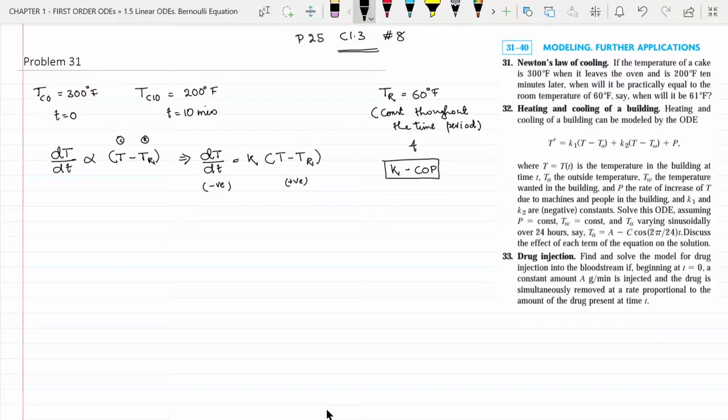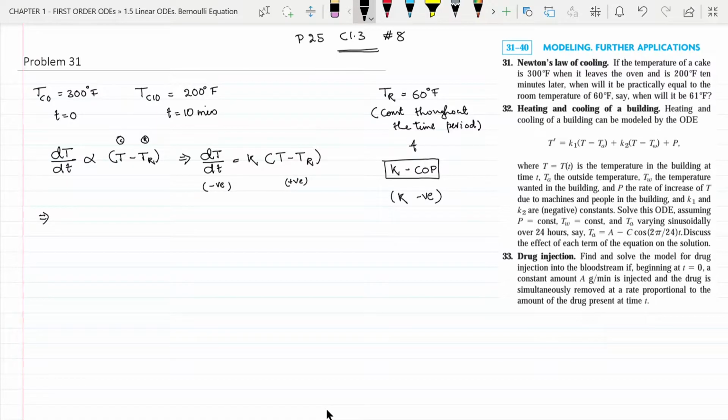That means k must be a negative quantity. Usually you don't need to bother about the sign of k, because after we solve the differential equation, k will automatically come out to be negative.